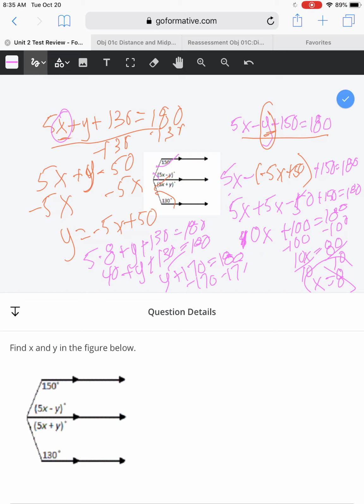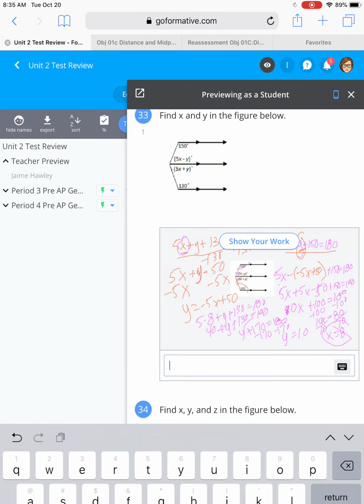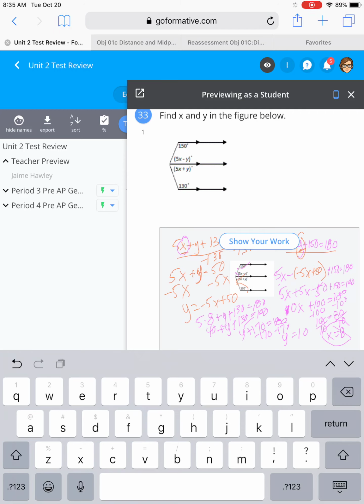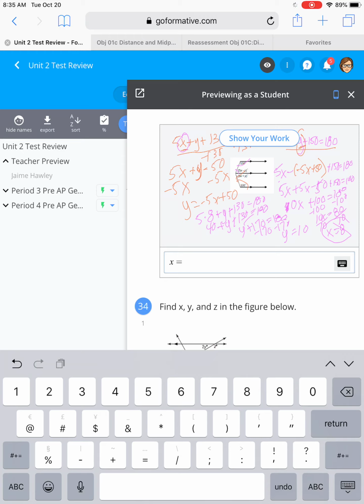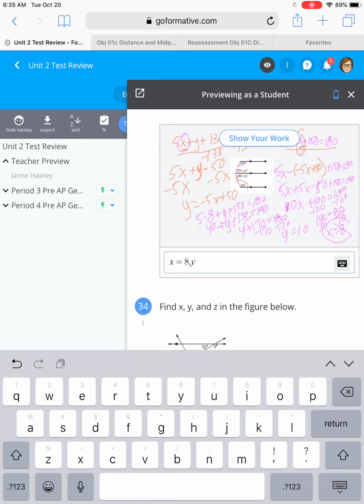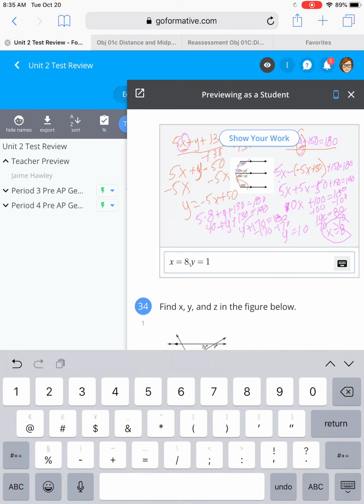I subtract 170, y is equal to 10. So x is equal to 8. Y is equal to 10.